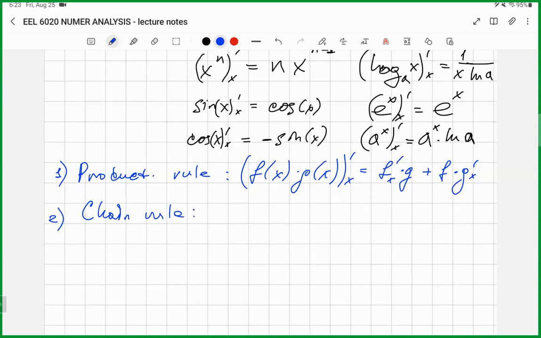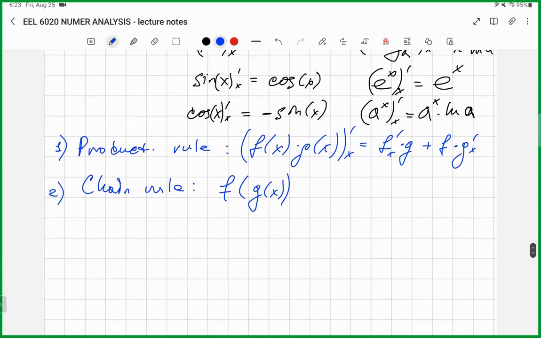The chain rule says that if we have a function that depends on another function of x, for example sine, which is already a function, of, let's say, x squared, which is another function of x, then when we take the derivative, we first take the derivative of function f by this function g, and then multiply this by the derivative of the function g by x. That's why it is the chain rule.